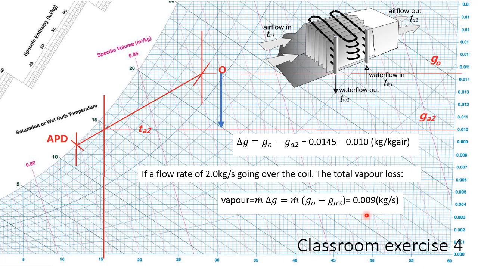So every second we gain about 9 grams of condensation water. Okay? So you can imagine there will be some kind of water drip here, right? 9 grams every second. So a few drops every second.